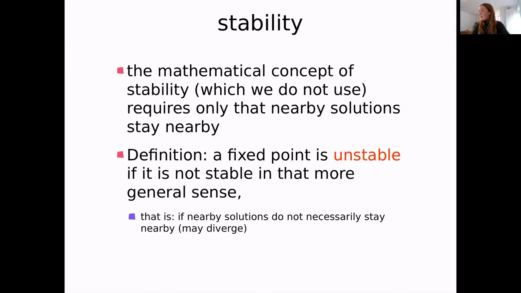Okay, so the definition of a fixed point being unstable is that it is not stable in this more general sense. And we will see what this means. So nearby solutions do not necessarily stay nearby, and they may even diverge.